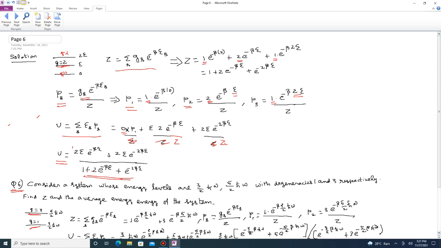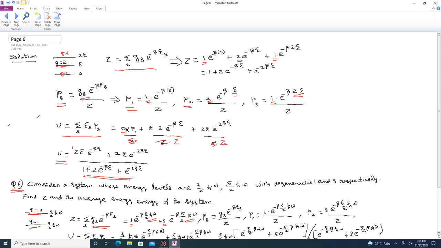The energy of the lower level is 3/2 h-bar omega, the upper level is 5/2 h-bar omega. Now let us calculate the partition function first. So let us use this expression. Here g1 is equal to 1, E1 is equal to 3/2 h-bar omega, g2 is equal to 3, and E2 is equal to 5/2 h-bar omega.